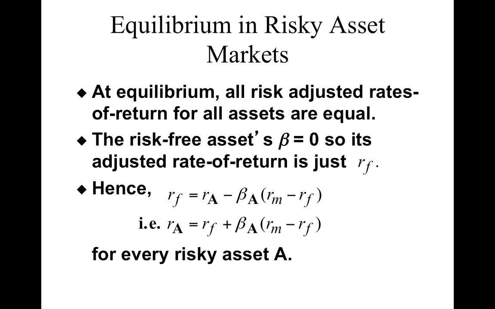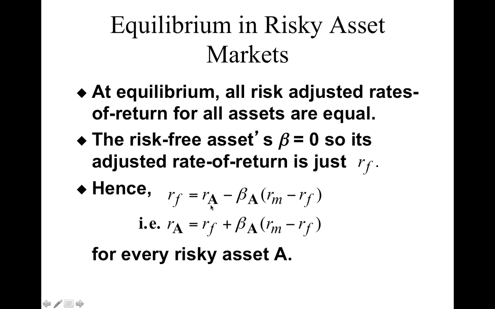So at equilibrium, all risk-adjusted rates of return for all assets are equal. Therefore, the risk-free asset, for example, has a beta of 0 because it doesn't vary with the market at all. So its adjusted rate of return is just Rf. Hence, what would be Rf?